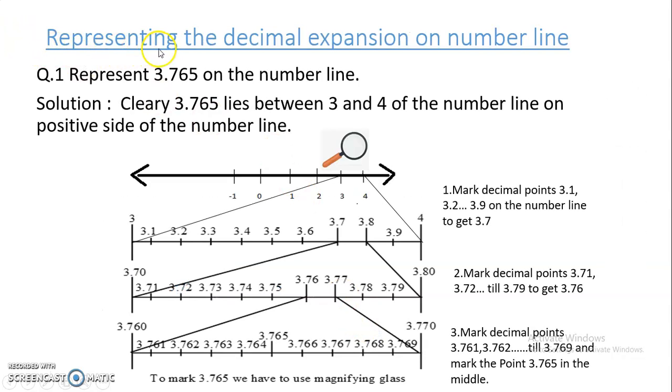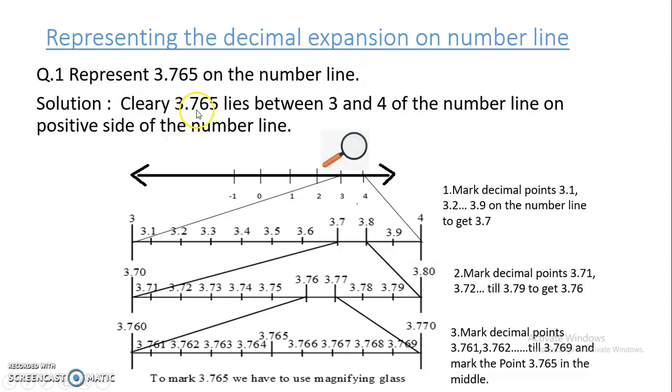Now see, representing the decimal expansion on the number line. You have to represent these decimal numbers on the number line also. So for that let's take an example, 3.765 on the number line.